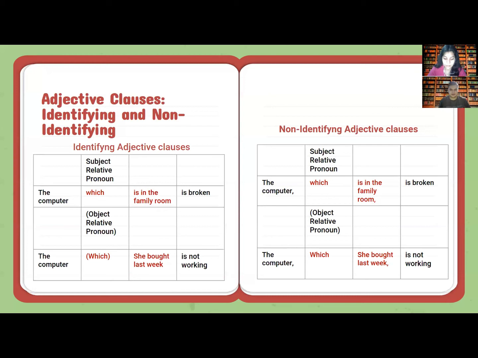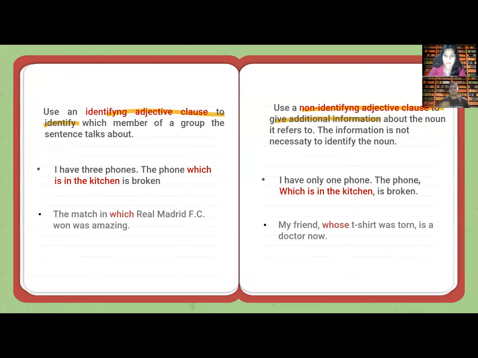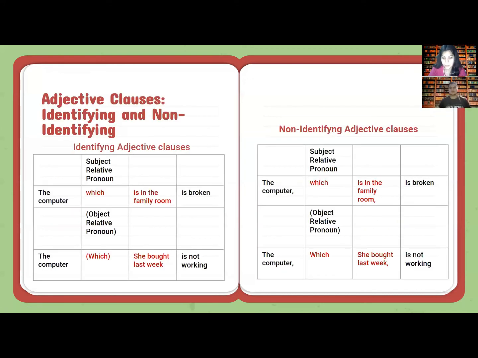Some important characteristics about identifying adjective clause are that we can omit, as I mentioned before, the relative pronoun when it's an adjective clause with object relative pronoun, and when the adjective clause is introduced with the relative pronoun when.